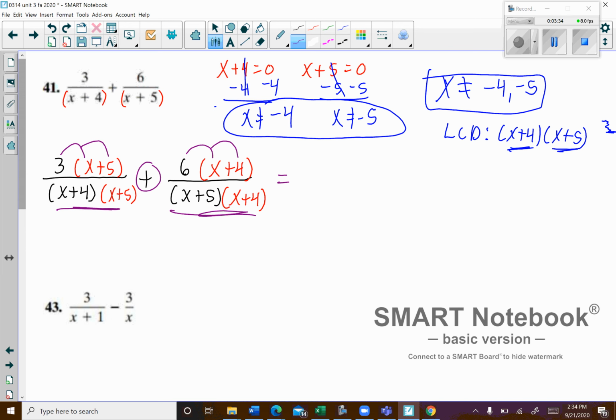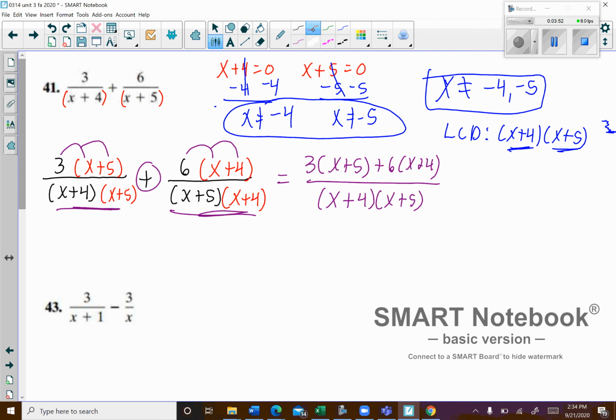Let me show you what they do. So we'll have 3 times x plus 5 plus 6 times x plus 4, and then all over my LCD. It doesn't matter which one you put first. I'll just do x plus 4, x plus 5. Doesn't matter which one I pick, they're equivalent.